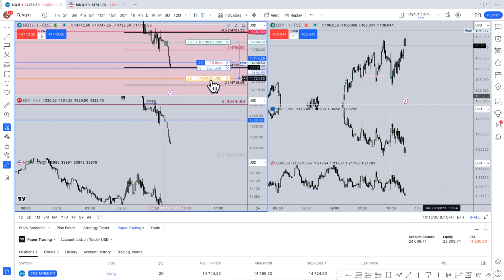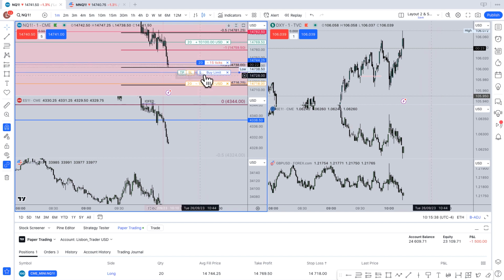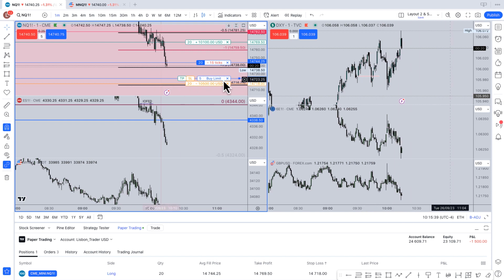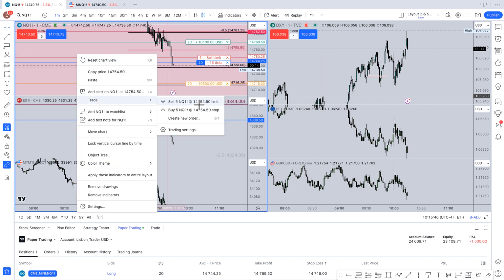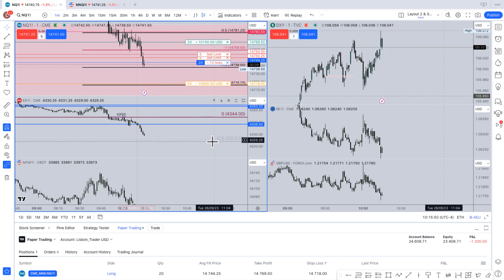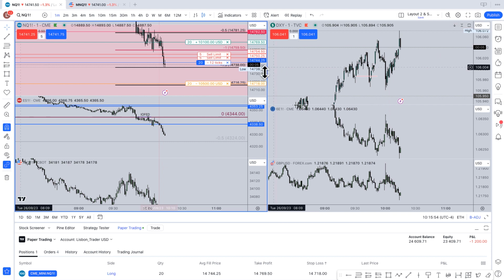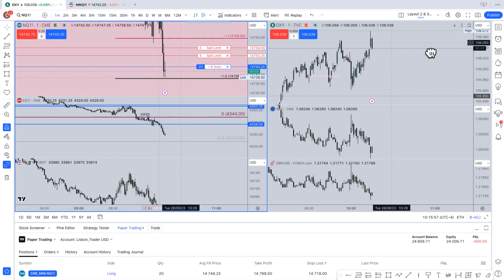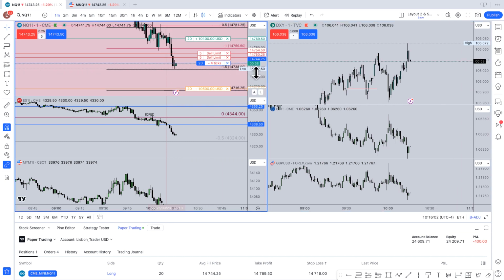10k risk there. There's a target down here. So the DXY is already coming back.